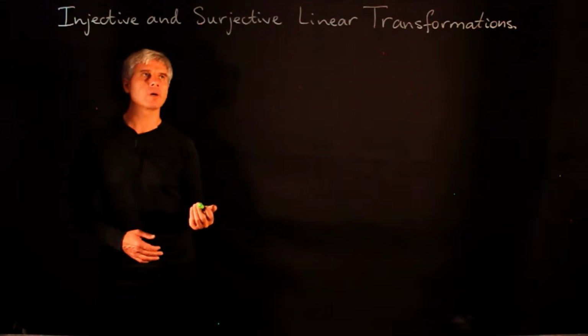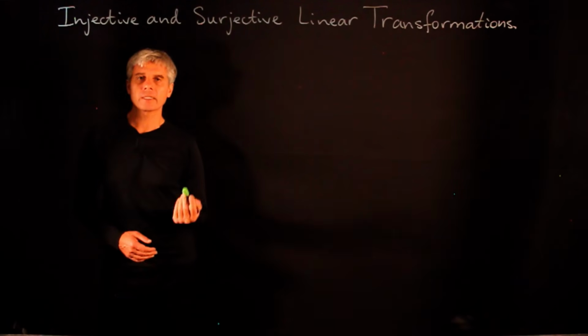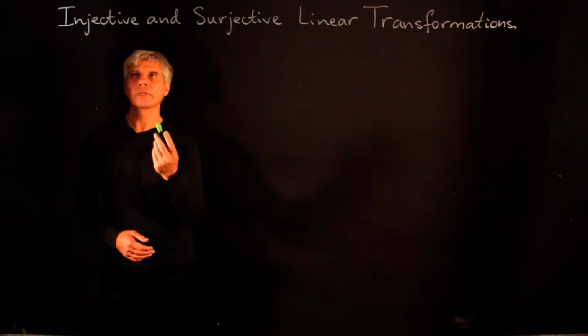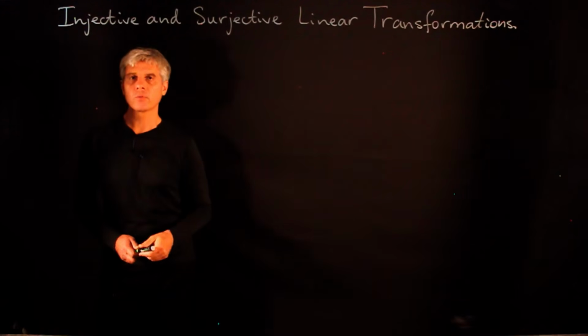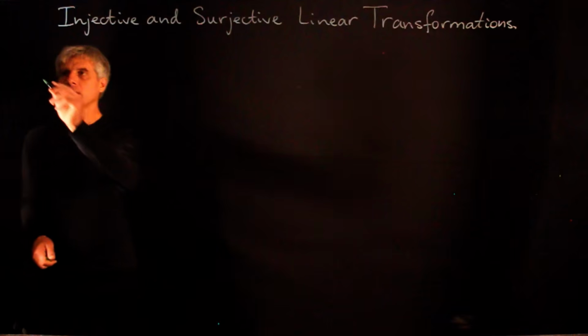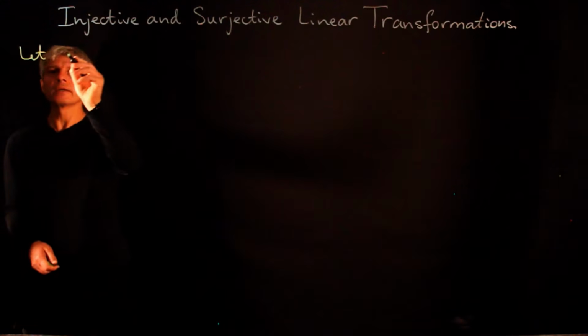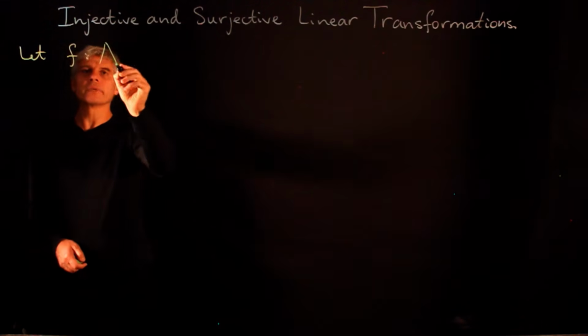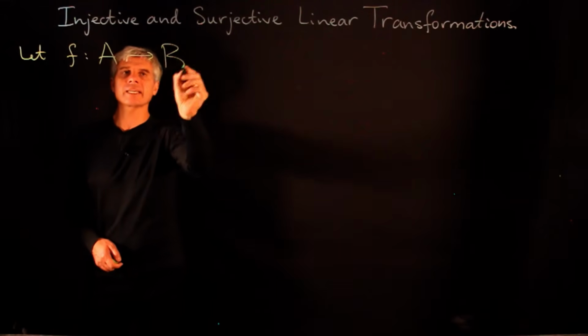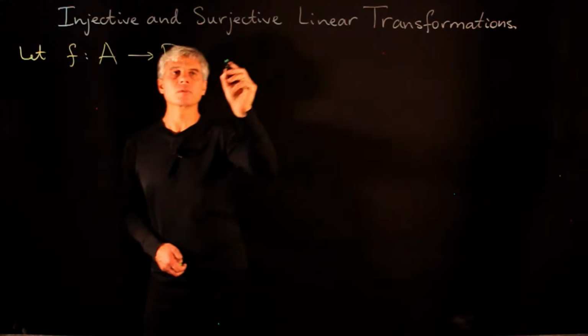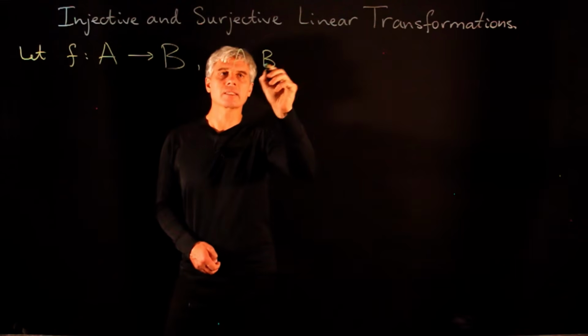Before we talk about linear transformations, let us define the concepts of injective and surjective for functions. So let f be a function from a set A into a set B. So A and B are sets here.